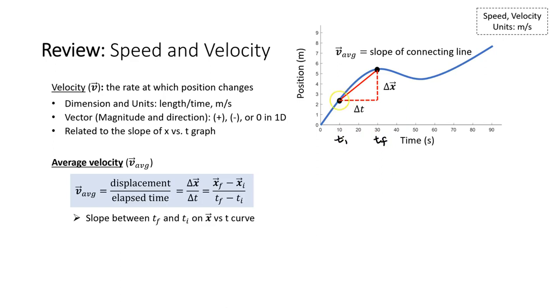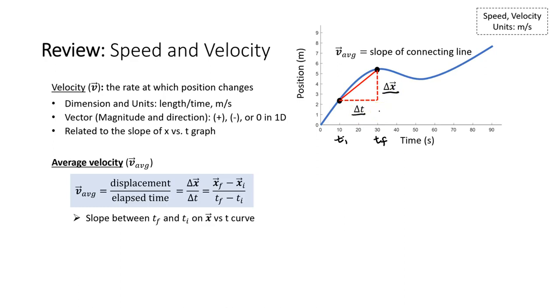So I drew in my corresponding points on my graph, and then I drew a straight line between them. That straight line has a slope equal to the rise over the run. The rise in this case would be the change in position, delta x, or the displacement, and the run would be the elapsed time, delta t.